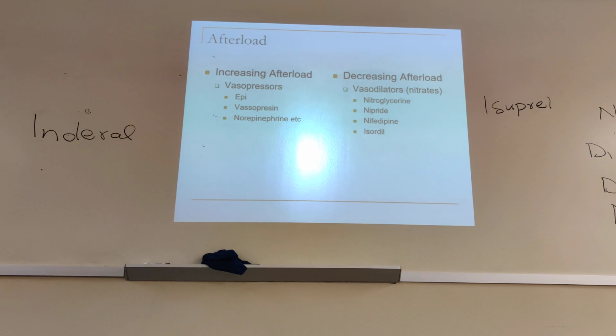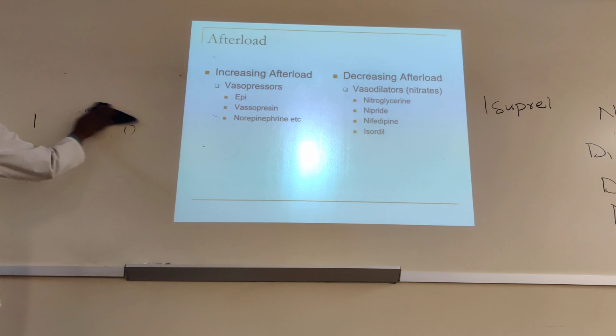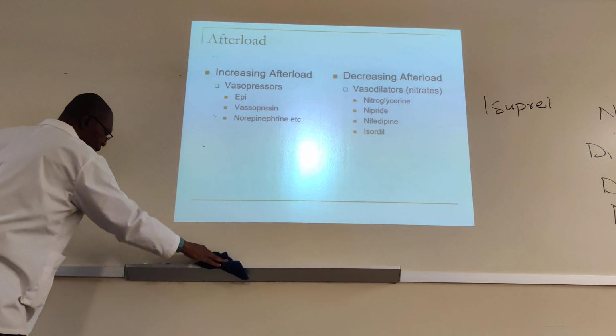So afterload now, the resistance. We want to increase afterload because somebody's blood pressure is low because their blood vessels are vasodilated, and then we're going to give a pressor, okay, or vasopressor, or vasoconstrictor, whatever you want to call it. Epinephrine is one of them. Vasopressin is another one. And then norepinephrine is the most potent vasopressor.